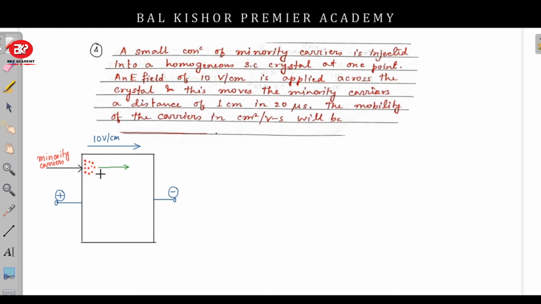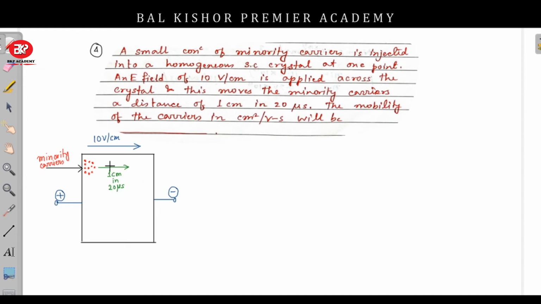So how much distance did they travel? This distance, 1 centimeter in 20 microsecond. The minority carriers have traveled 1 centimeter in 20 microsecond inside the semiconductor due to the applied electric field. So we have to find the mobility of the carriers inside the semiconductor.